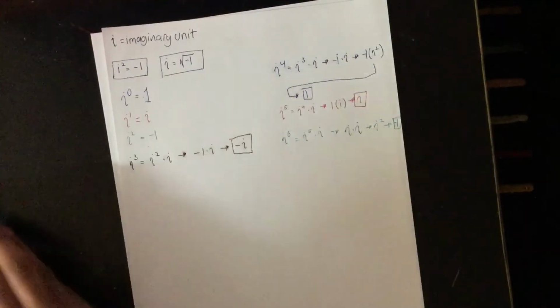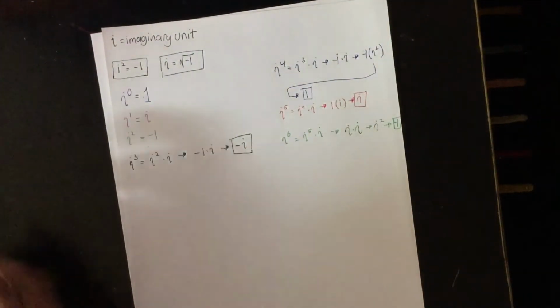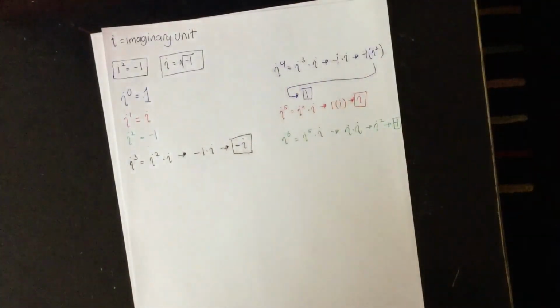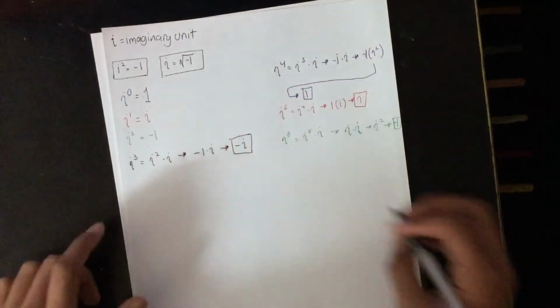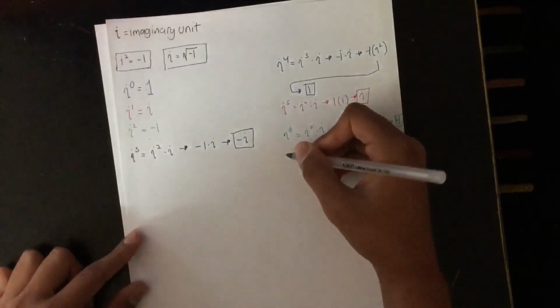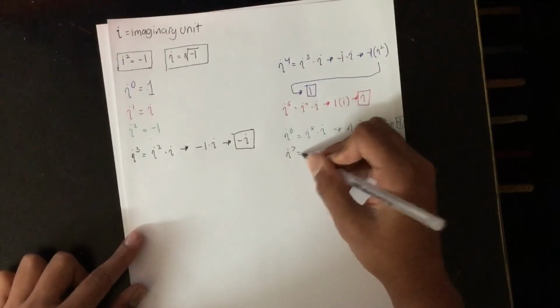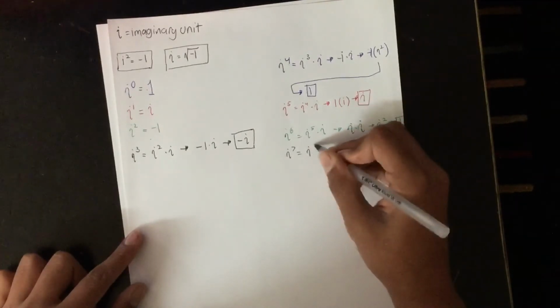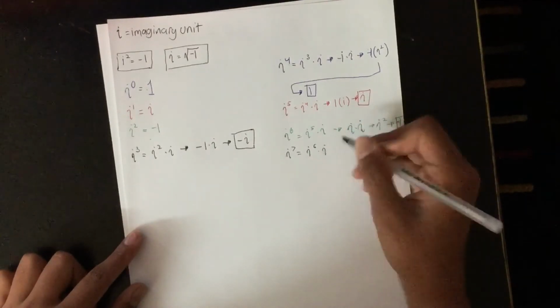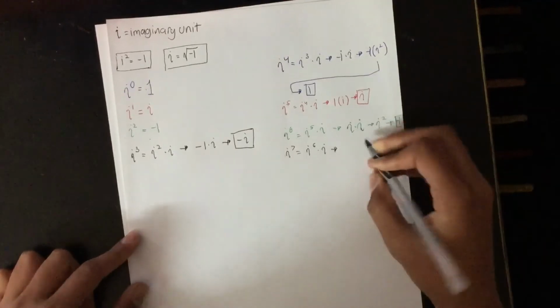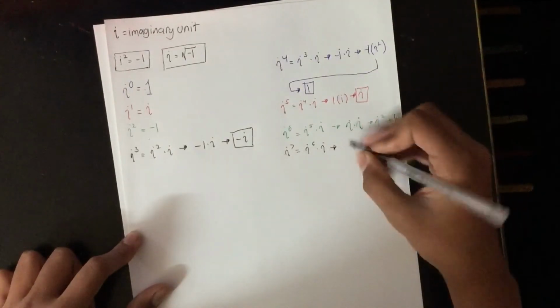Now let's quickly go on to our last one, i to the power of 7. i to the power of 7 is equal to i to the power of 6 times i. i to the power of 6, as we know, is negative 1.